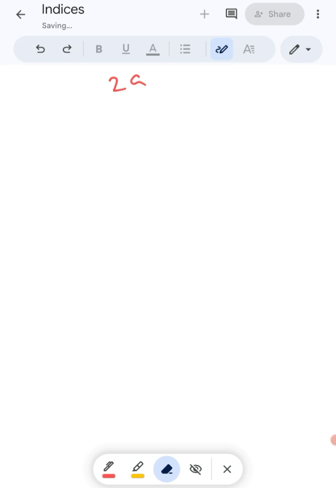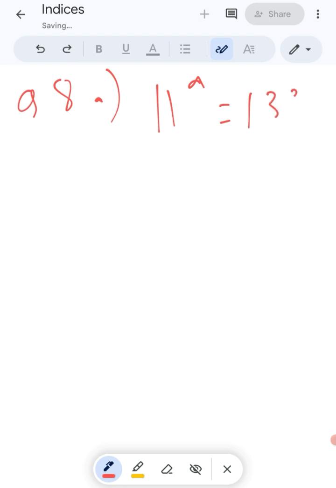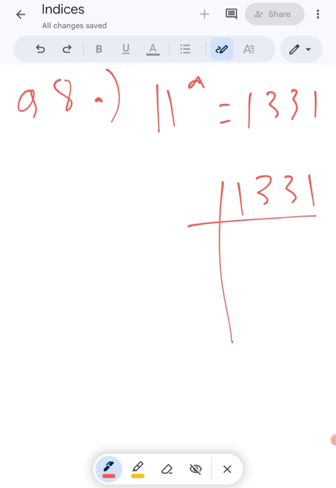Now let's solve the questions further. The question number 8 says 11^A is equal to 1331. Now I know that it's going to come as a power of your 11, right? So what I can do easily is take 1331 and take out the LCM of that. 11 multiplied by which number is 1331? 11 multiplied by 121 is 1331.